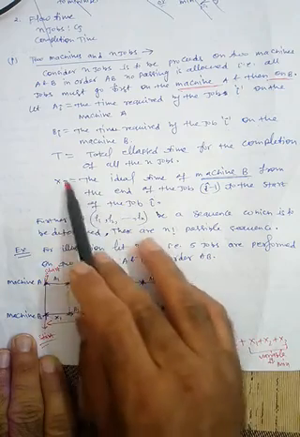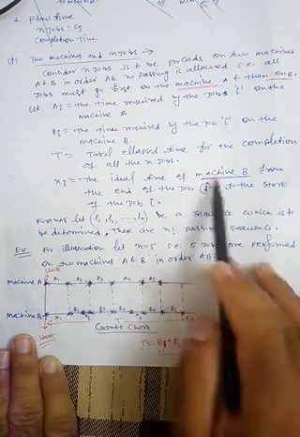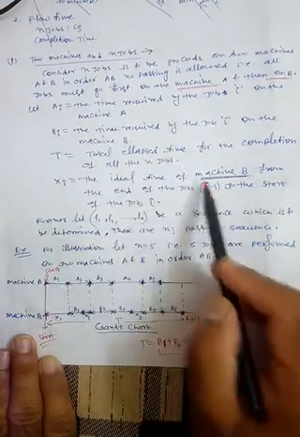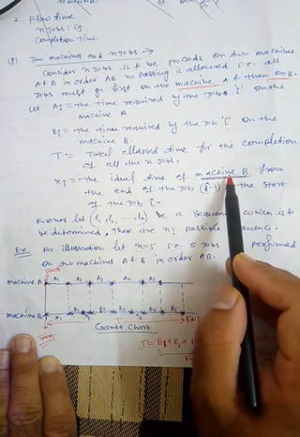Actually, this is the time when machine B, because here we have only two machines, we are not talking about A, we are talking about B, is in rest position.